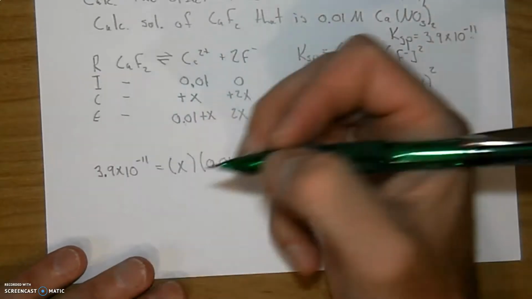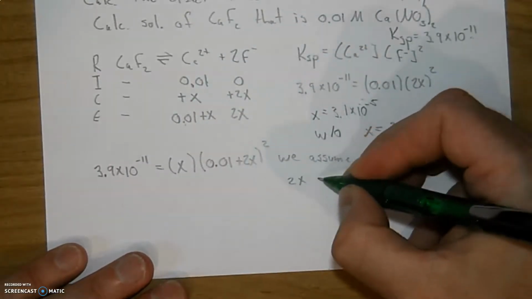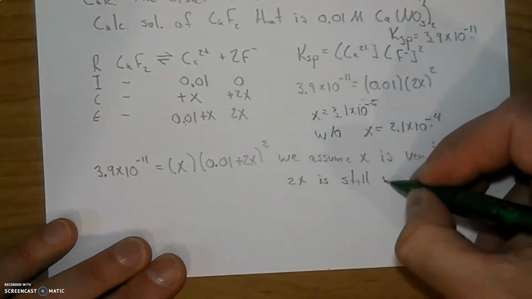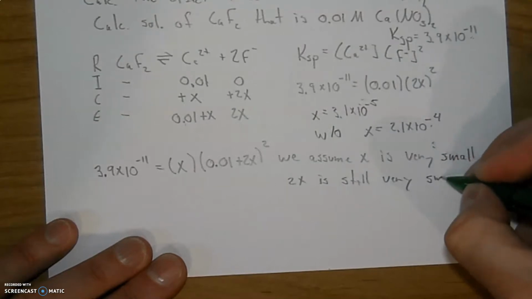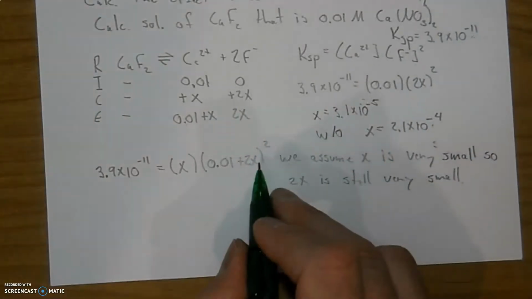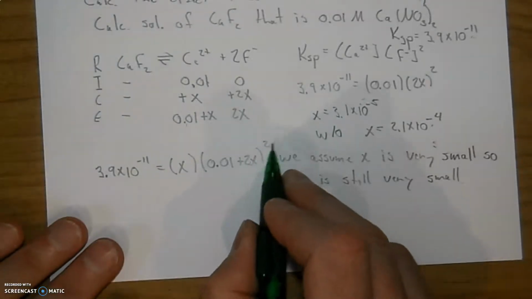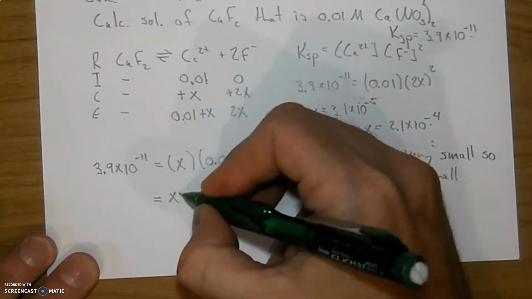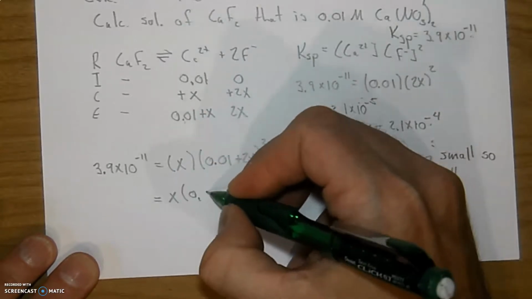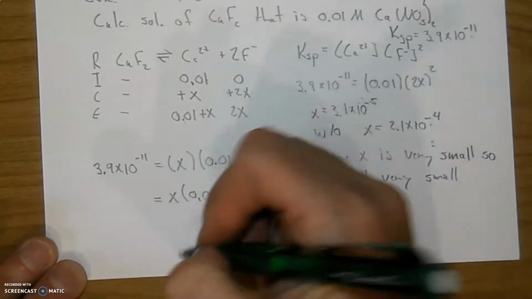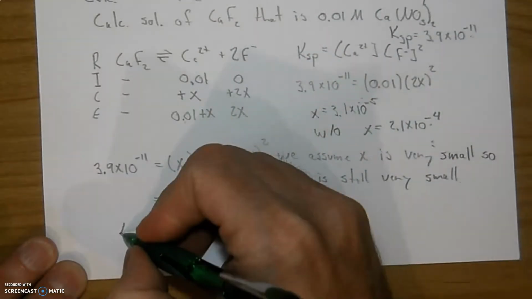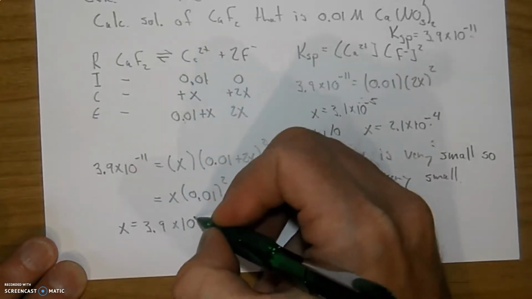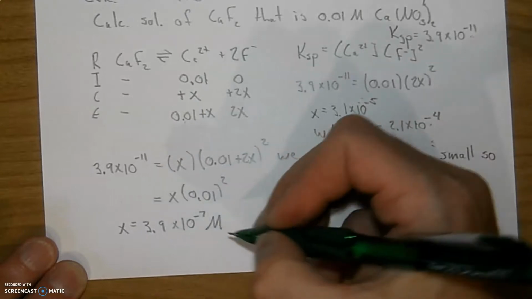So 2x is still very small. So I can see the equation. I'm just going to ignore this part of it. Of course, I can't ignore the 2 in the exponential part, but it'll become x times 0.1 squared. And if I do the rest of the math here, x will equal 3.9 times 10 to the negative 7 molarity.